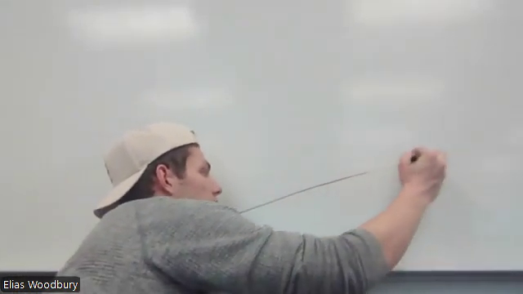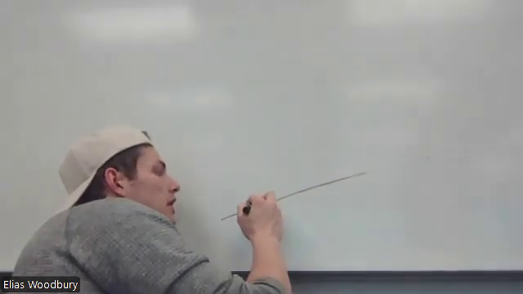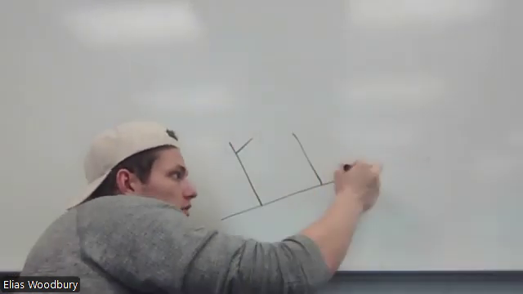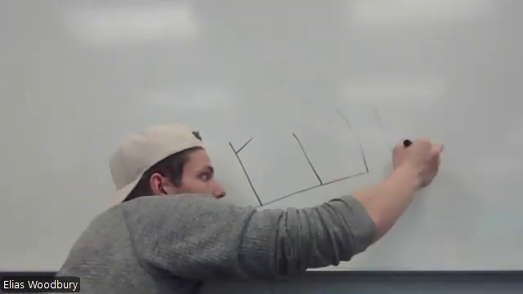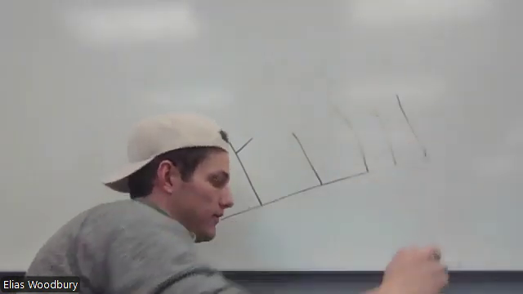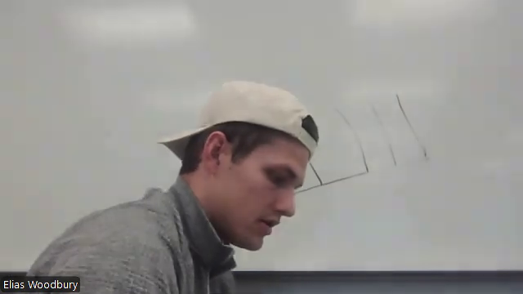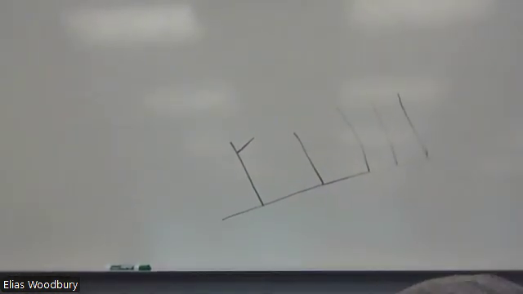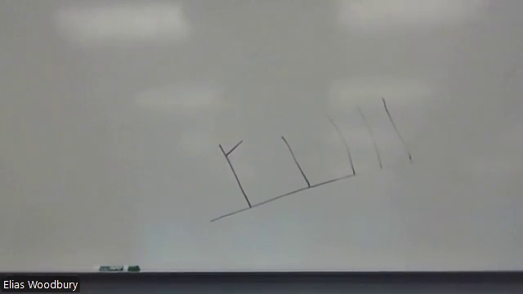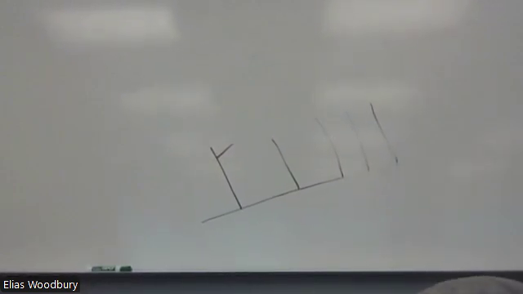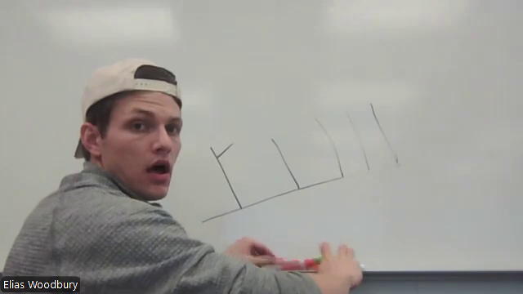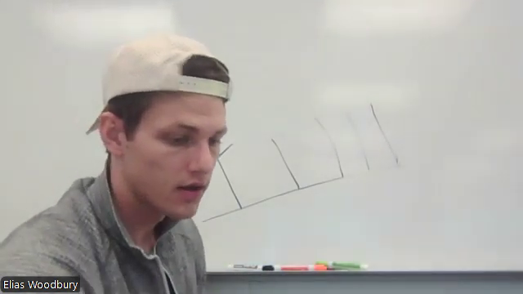So we'll draw out another tree, and it looks like this. And I need to grab a few other colors just really quickly, so that I can label these.